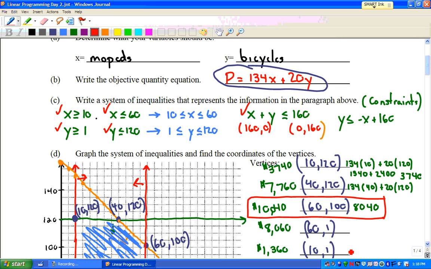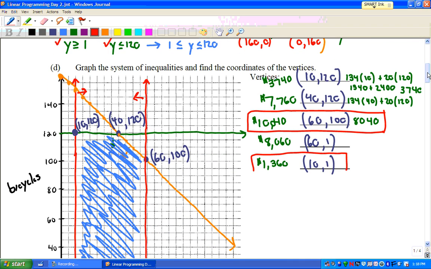Min right here. So if we wanted to make the most amount of money, my max, we would want to sell 60 mopeds and 100 bicycles. If we did that, that would make us a profit of $10,040.